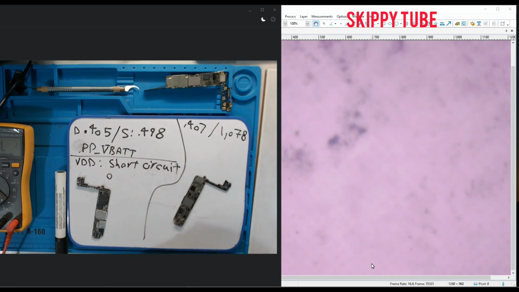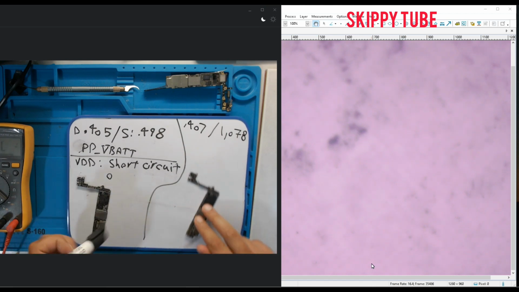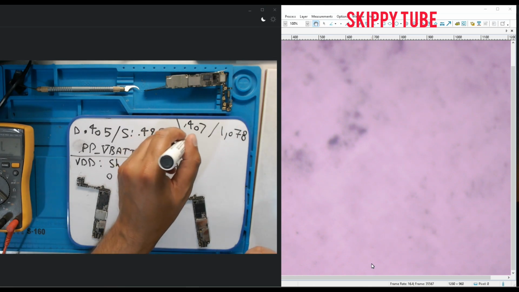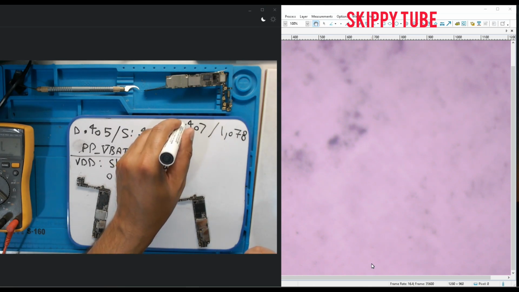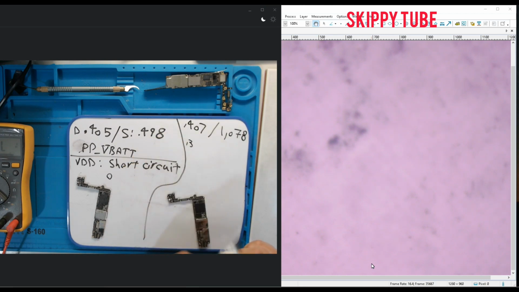Now back to check the VDD main in this one, showing 370. This is normal for voltage 1. This is voltage 2. 300, what? How much? I forgot.